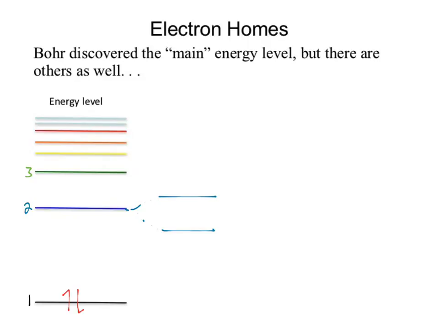What happens when I move to the third energy level? It splits again, and I get 3 types. And the 4th energy level, and the 5th, and the 6th, so on and so forth. They continue to split out according to what energy level they're at.